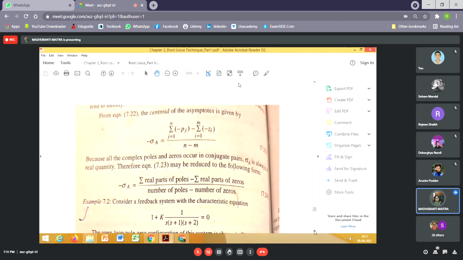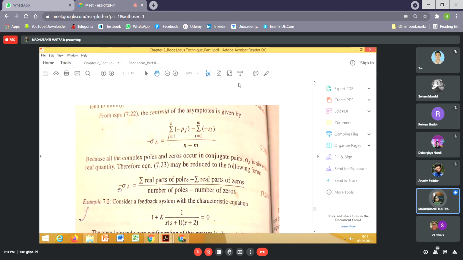I'm not showing the derivation of this for this particular rule. Now, just ignore this minus sign. Why? Because this is a convention in some books.